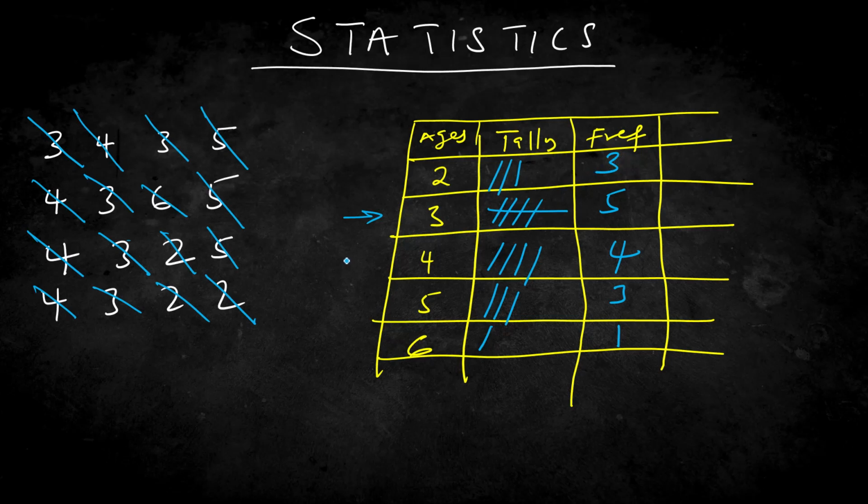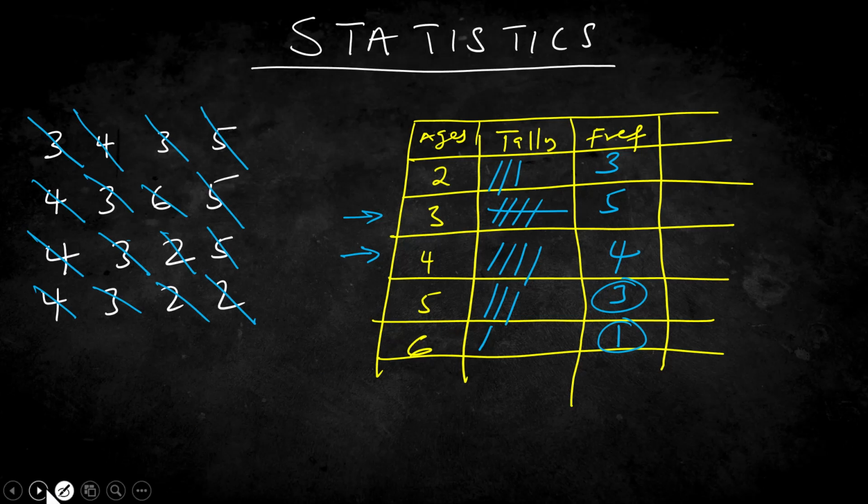And if you are asked to find the number of students who are above 4 years, we have 4 here, 2, 5, 6, and their frequencies are 3 plus 1. So we can interpret the data. With the help of statistics, we'll be able to analyze this data very well.